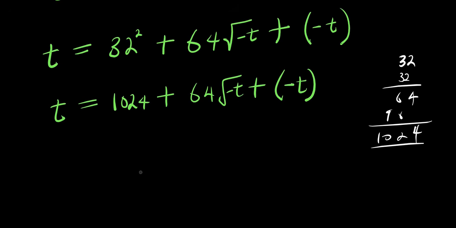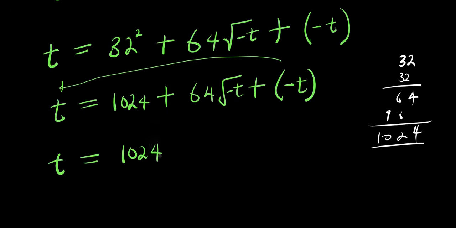What I need to do again is move this over here. This is plus minus t, so this is just like having minus t, because plus times minus is minus.